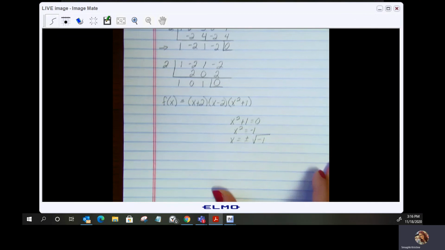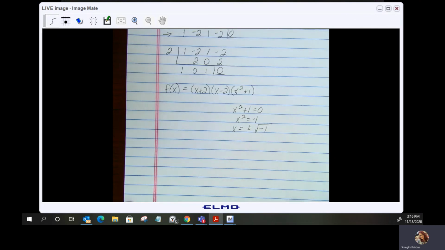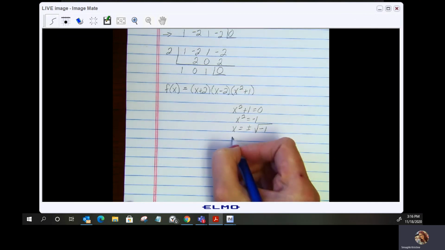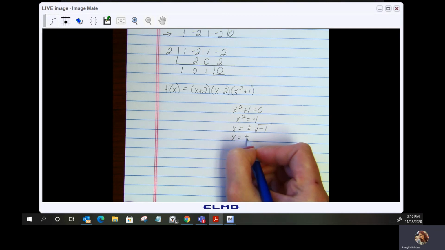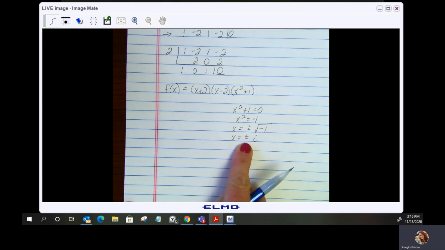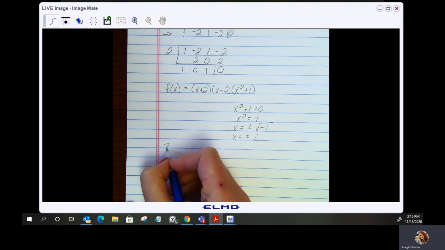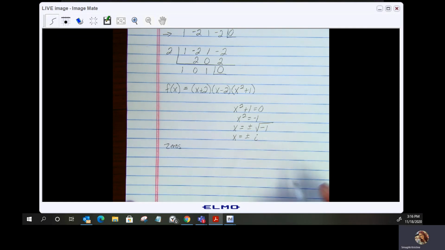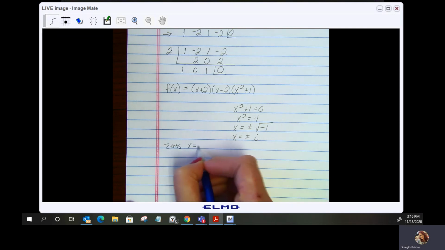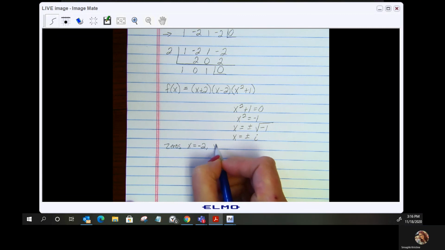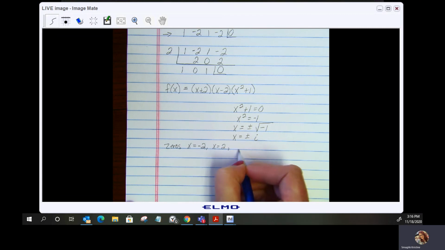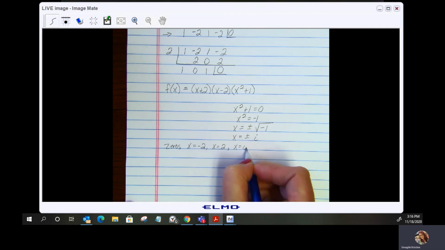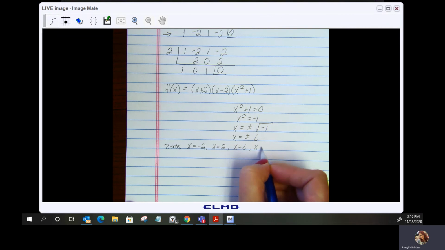By definition, the square root of negative 1 is i. So x equals plus minus i. And there's 2 solutions there. So my zeros are x equals negative 2, x equals 2, x equals positive i, and x equals negative i.